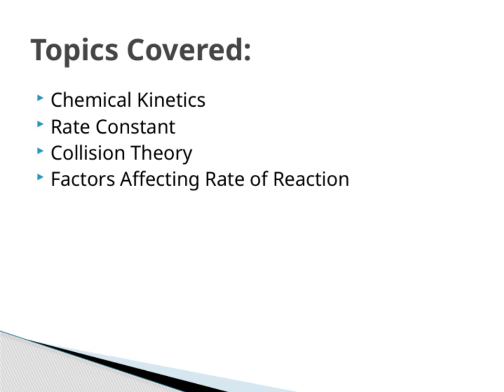Then, we'll dive into collision theory, which explains how reactions happen based on molecules colliding with enough energy and proper orientation. This theory helps us understand why reaction rates vary and how to influence them. Finally, we'll discuss the factors affecting rate of reaction.